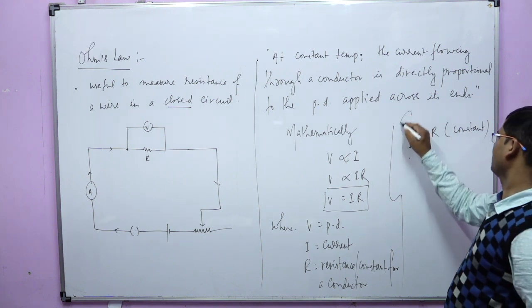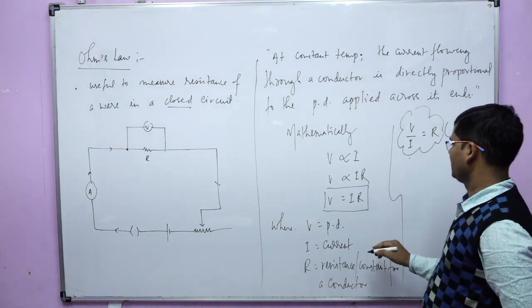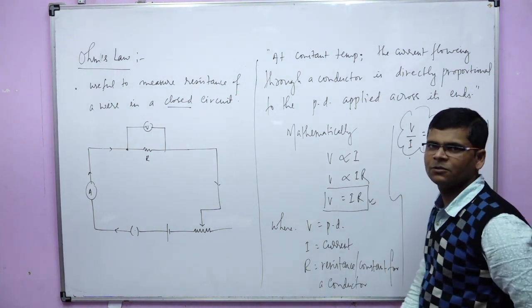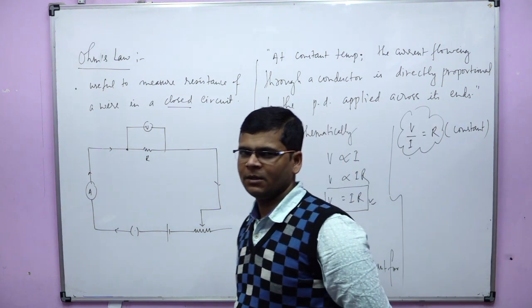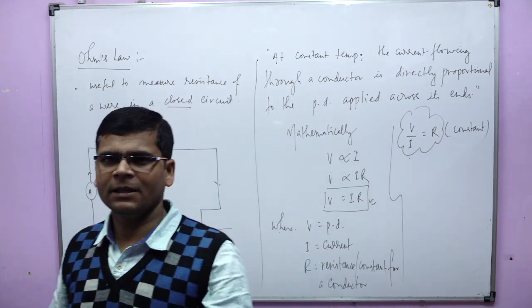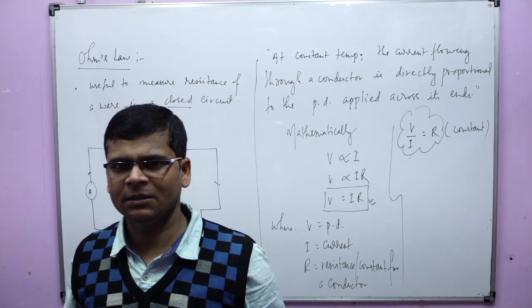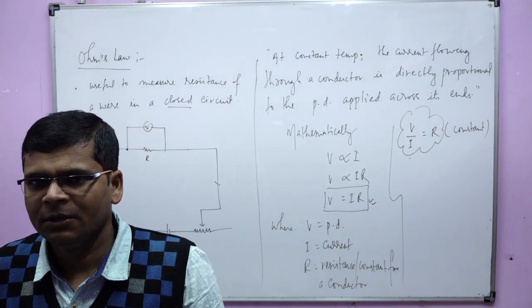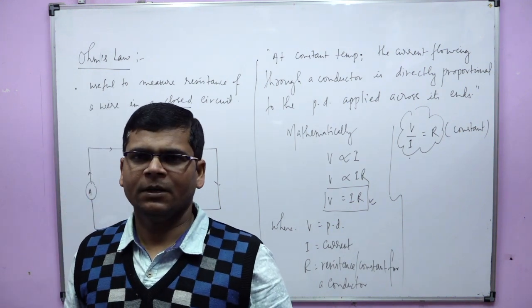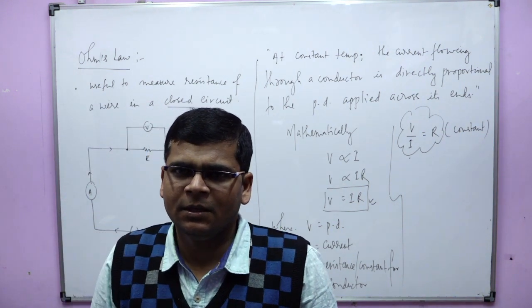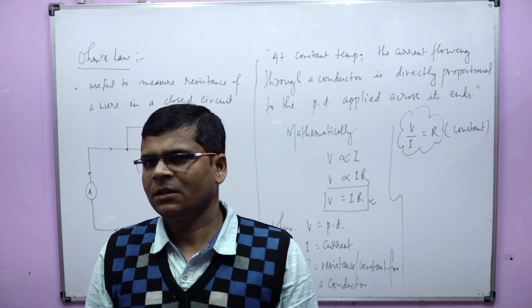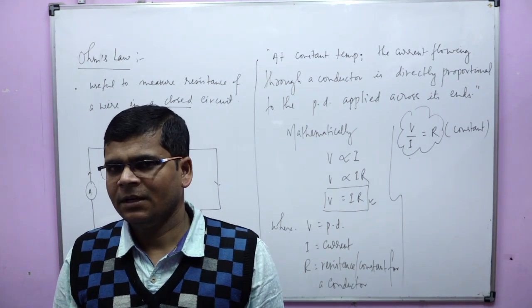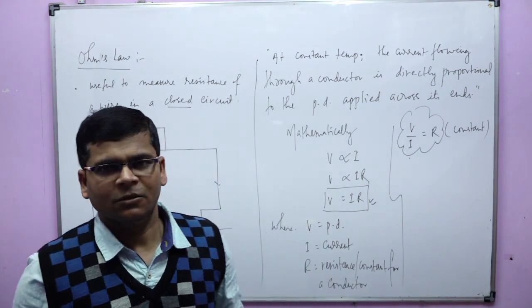So this formula is very useful in solving numerical problems. Other concepts of resistance and other things we will be talking about in our next class. So this class we have talked about charges, current, electric potential, potential difference, and in short, Ohm's law.